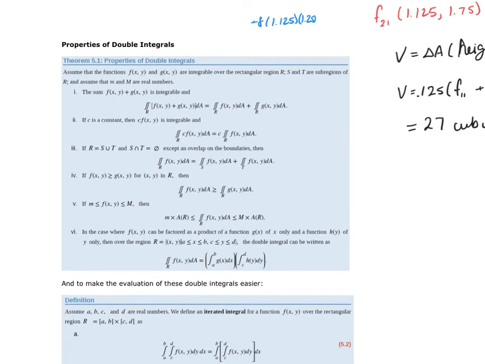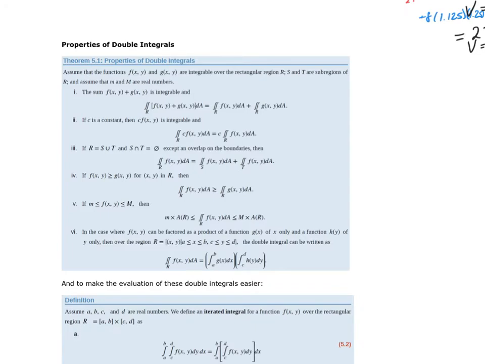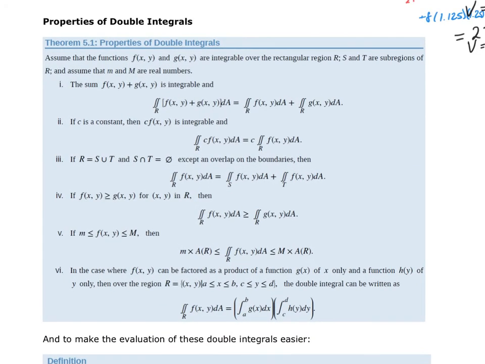Now, these properties that we get are similar to the properties that we have when we're looking at one variable. The first one is the sum. So if f of xy plus g of xy is integrable, then the sum of these can be broken up.